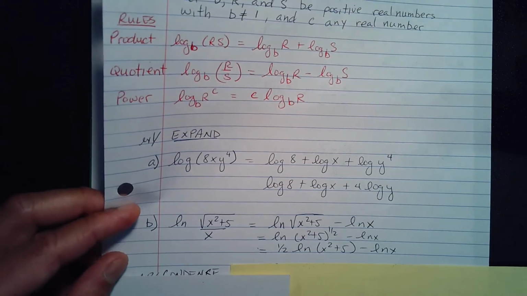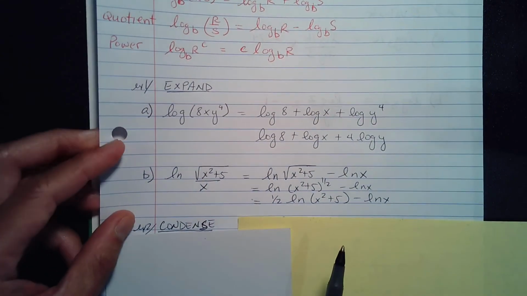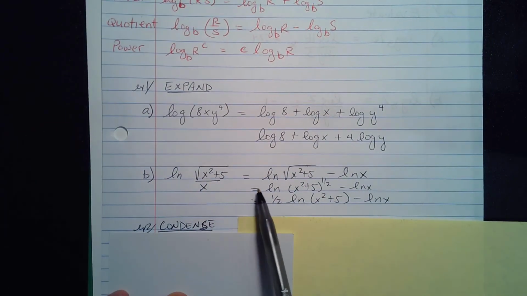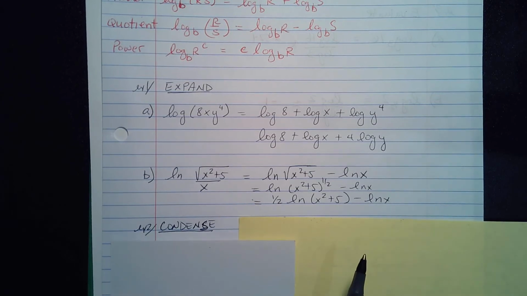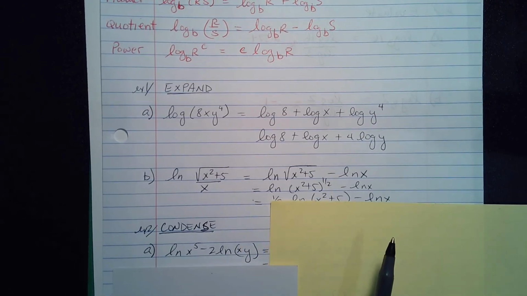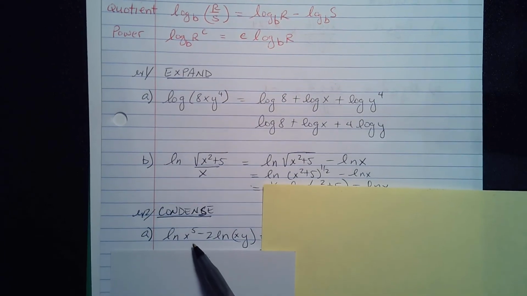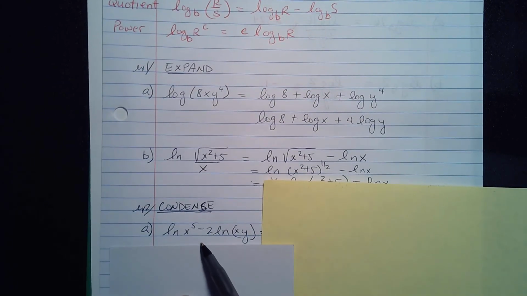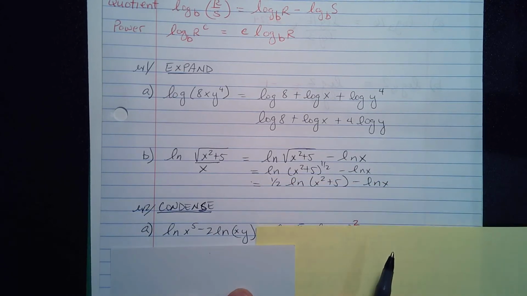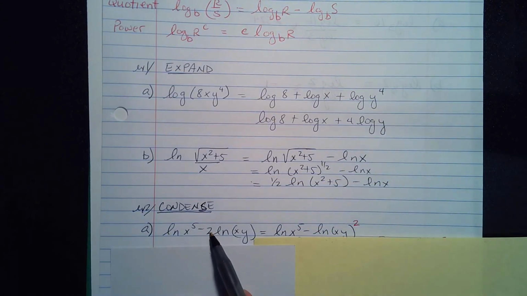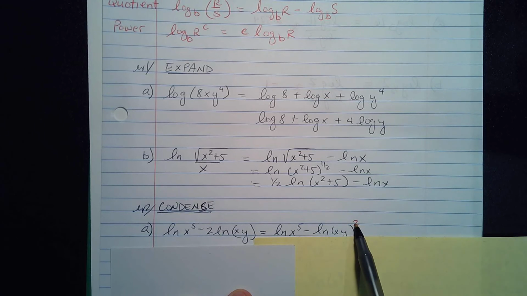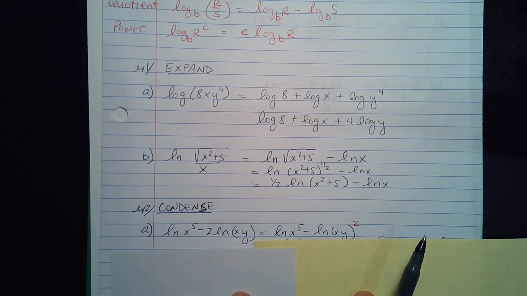In example 2, we're going to condense. So condense means we're just going to reverse what we did in example 1. We start off with an expansion. What they want us to do is, for our answer, there should only be one log. First thing I'm going to do is move the 2 to the exponent.